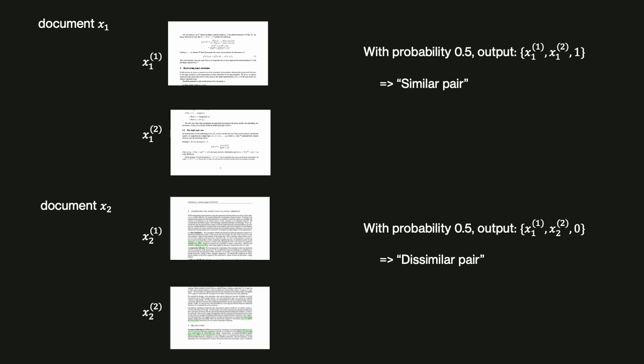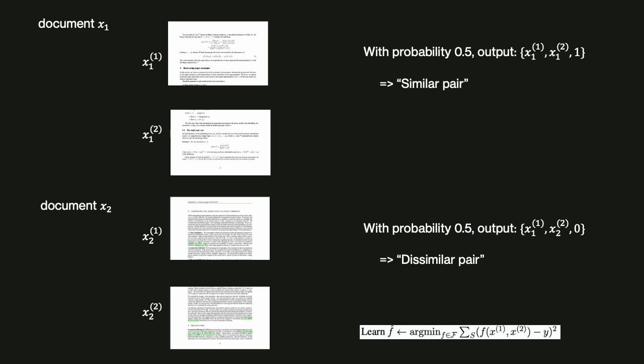So that's why the label here will be 1. And with a probability of 0.5, we'll choose halves from different documents. So in this case, we'll choose the top half of document 1 and the bottom half of document 2 to create a dissimilar pair. And this will have label 0.